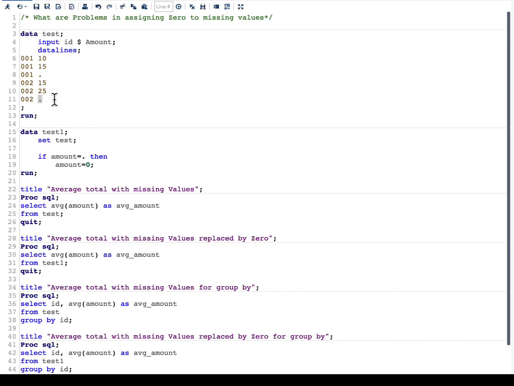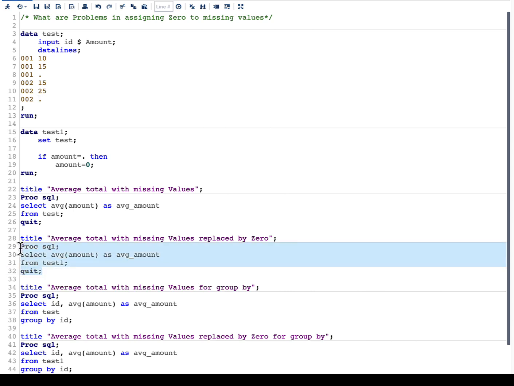So when we change the missing value to 0, what we have basically done is added all of this along with zeros and divided it by a much bigger number, so our average has gone down.